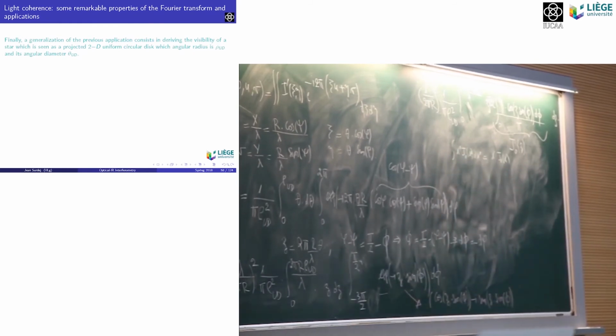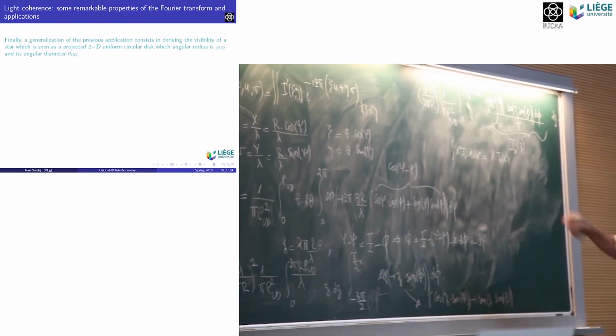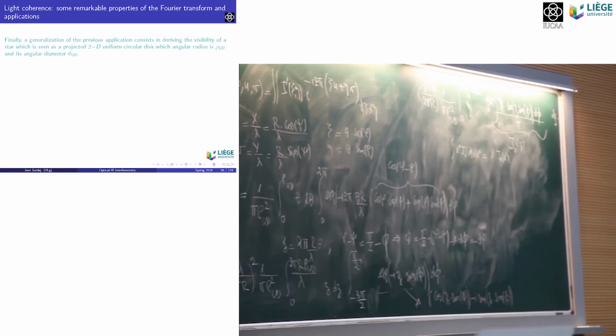So this is a property between the zero order Bessel function and the first order Bessel function. And because I have this and this, I find it normal.